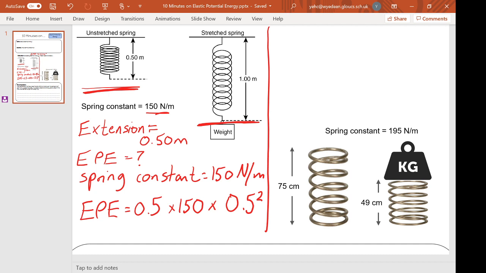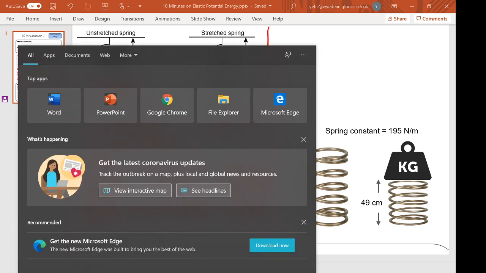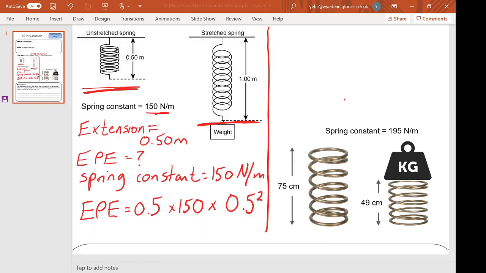Depending on how good your calculator is, you can maybe chuck the whole thing into your calculator and then get an answer. Or if you have a less powerful calculator, you need to do it in parts, that's fine too. I'm using the computer calculator, so I've got to do it in parts.